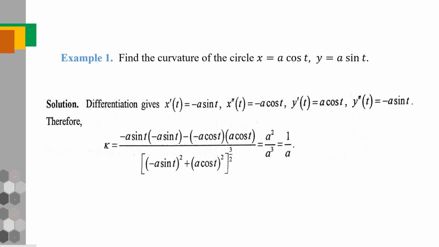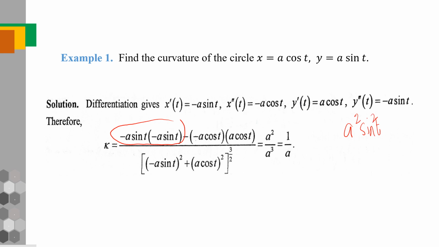Okay, so just substitute, so ito yung mako-compute natin. And if we simplify this one, kung titingnan natin, itong first term na to magiging positive a square sine square of t.